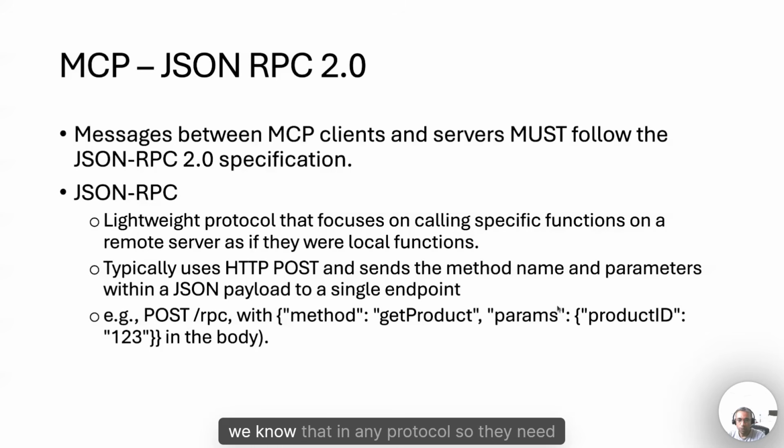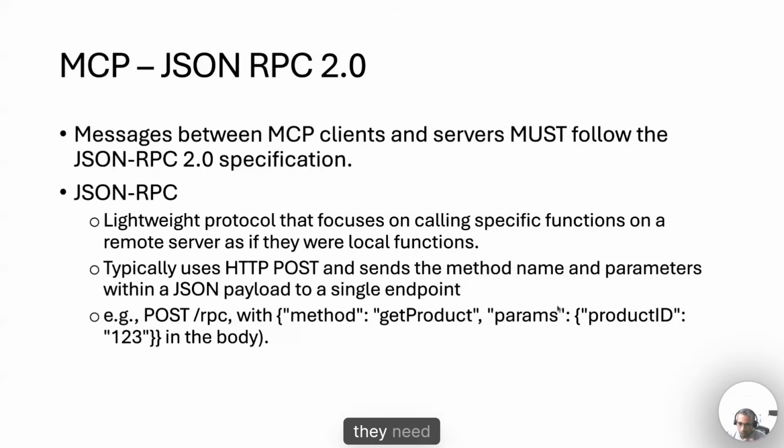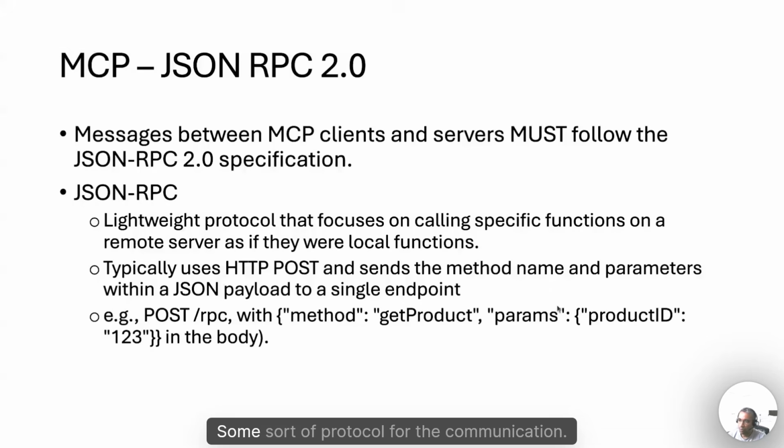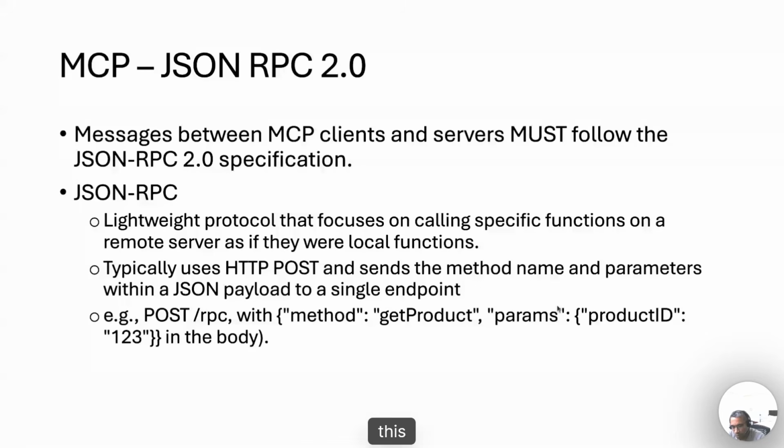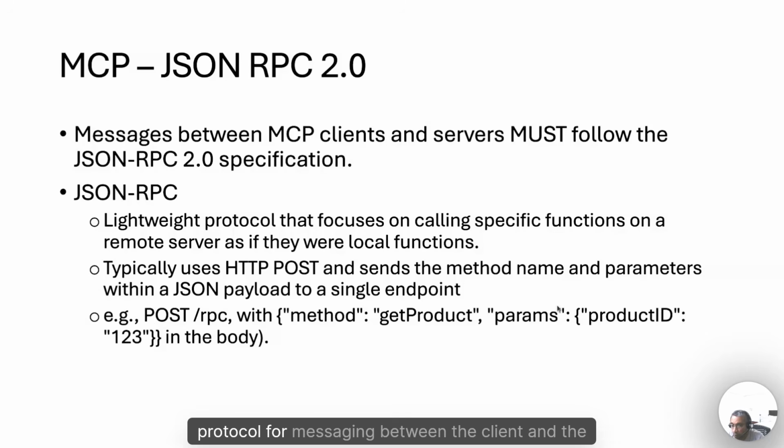In any protocol, they need some sort of protocol for communication. According to the MCP definition, any MCP client and server must use the JSON RPC 2 protocol for messaging between the client and the server.